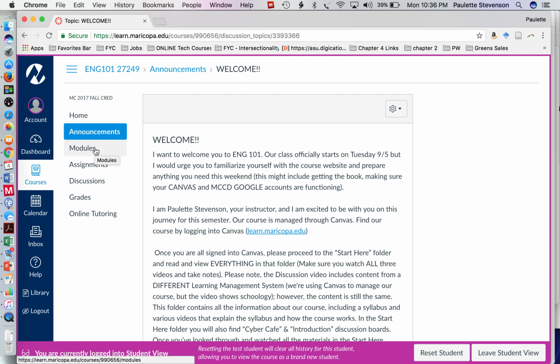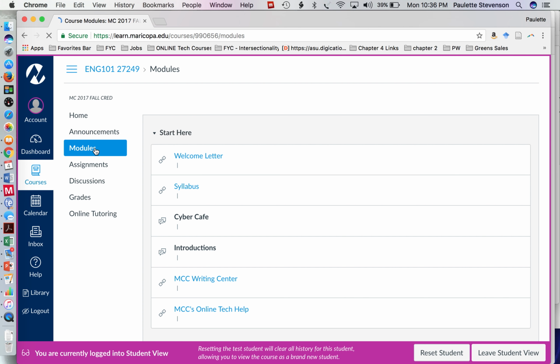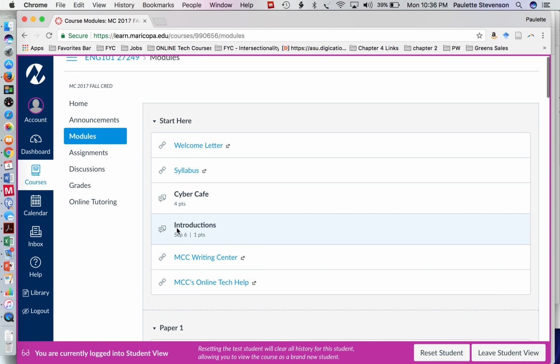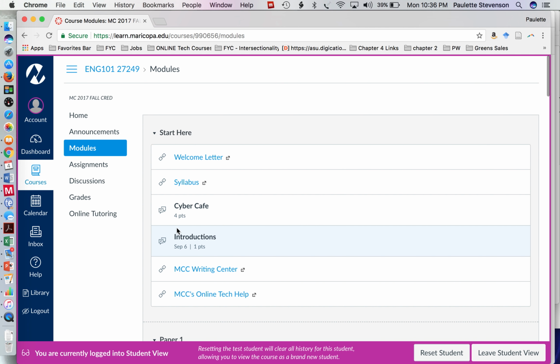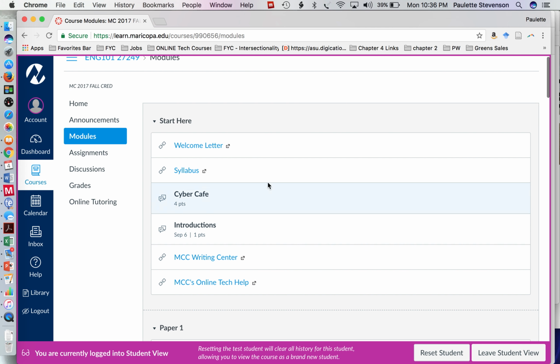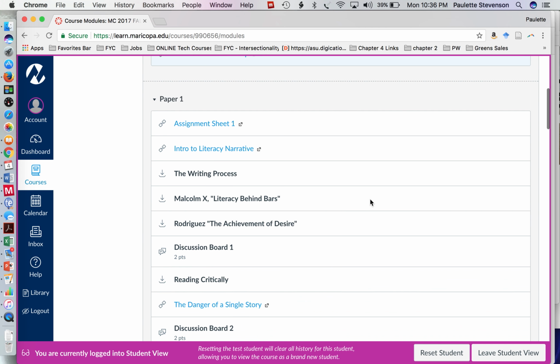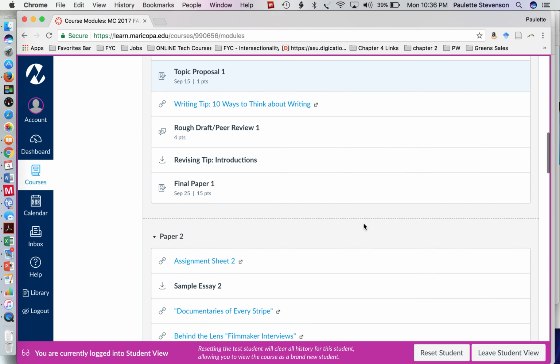The main way that I'd like you to navigate this course is through the modules. This is how I set up our course to navigate it. You'll notice there's this start here module. The next thing is the paper 1 module.